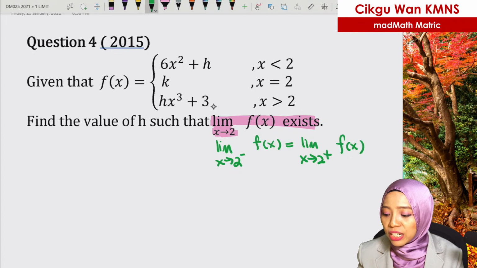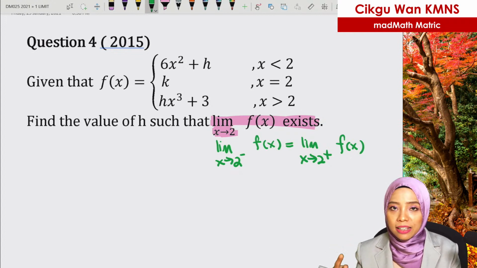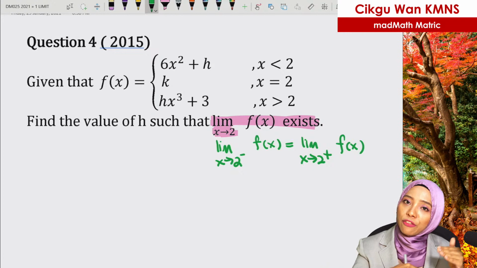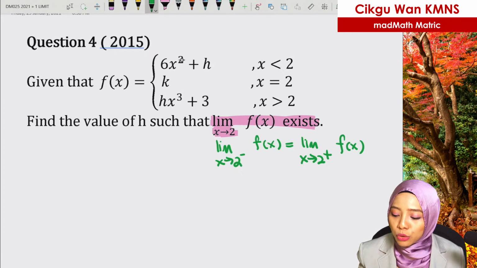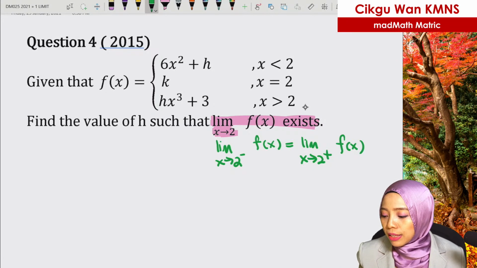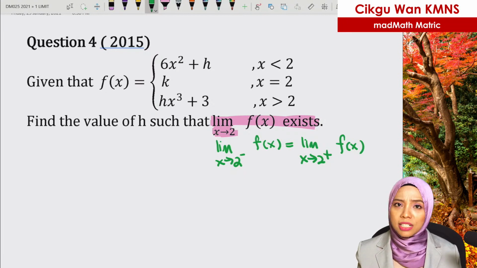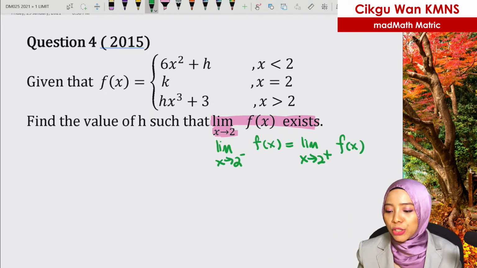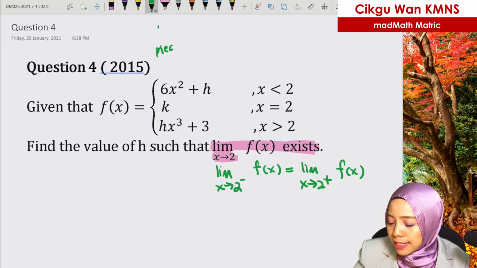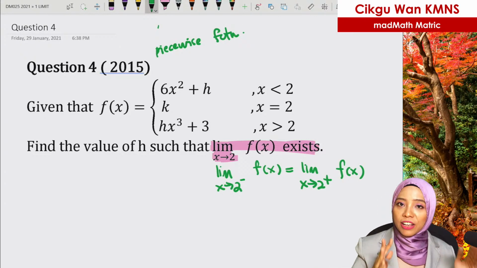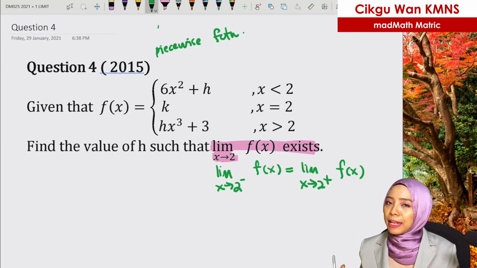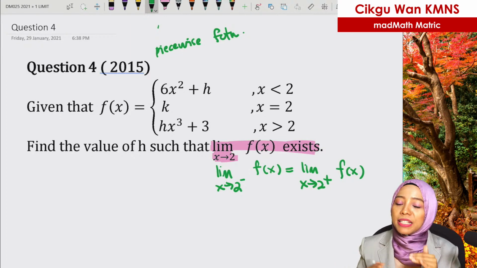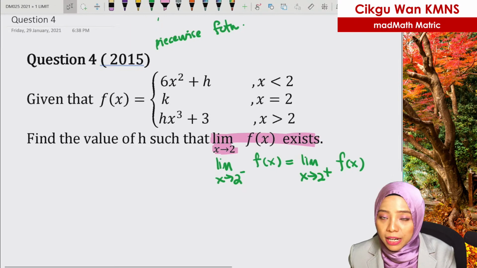Because the function given to us gives the interval is different. When x is less than 2, you have to use this function. When x is greater than 2, you have to use this function. So it's kind of like absolute value function, but this one bukan absolute. There's another function, we call it a piecewise function. It means a function that consists of piece by piece function. Gabungan beberapa function yang lain.